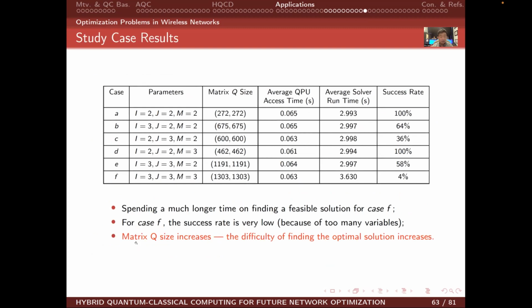Basically, as the matrix Q size increases, the difficulty of finding the optimal solution increases. So we can see that by carefully setting up these numbers and satisfying the matrix size, we can achieve a good success rate. In the other cases we cannot, so we need to set up carefully.